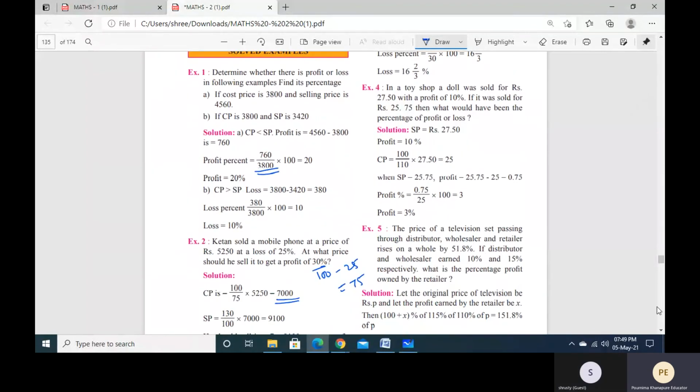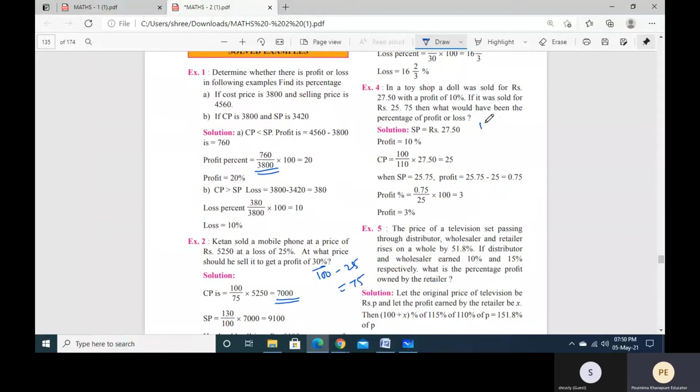Fourth one, let's understand. In a toy shop, a doll was sold for rupees 27.50 with a profit of 10%. So SP of the doll is 27.5 with a 10% profit. If it was sold for 25.75, then what would have been the percent profit or loss? So firstly, we'll find the CP. What is the cost price?